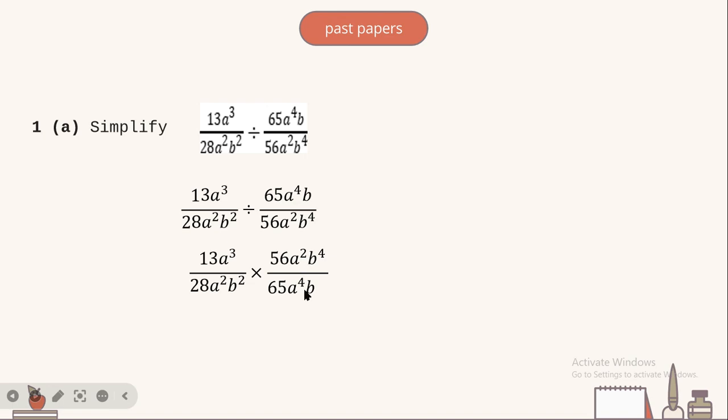We cancel them, and we'll be left with none, and if we cancel this, they will be left with 1. Remember, here we've already removed one b, right? So if we cancel this b and this b, there will be one b left on top here because of what we did here.